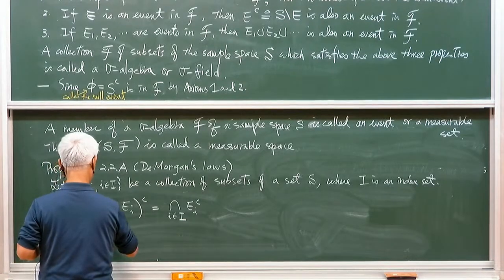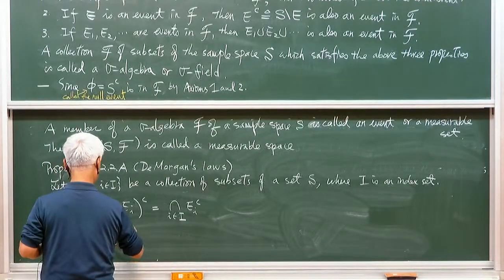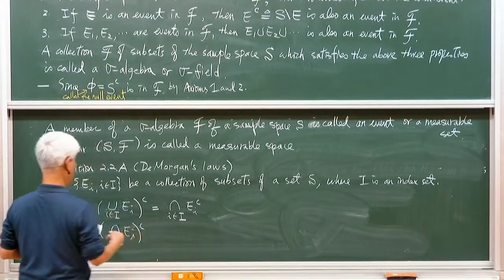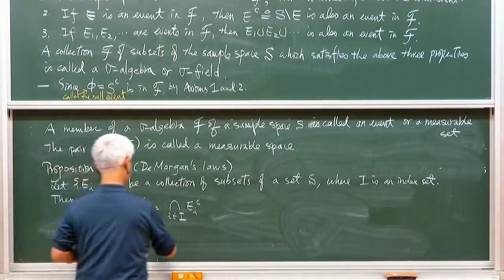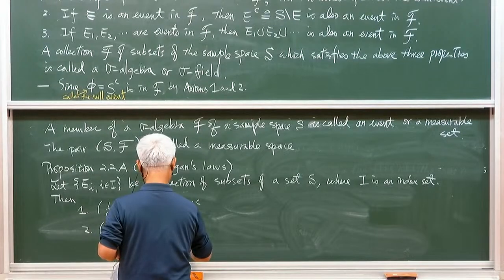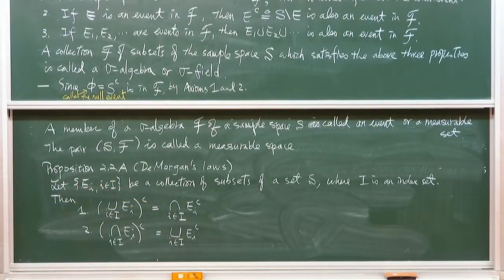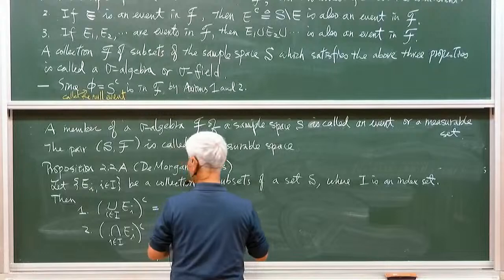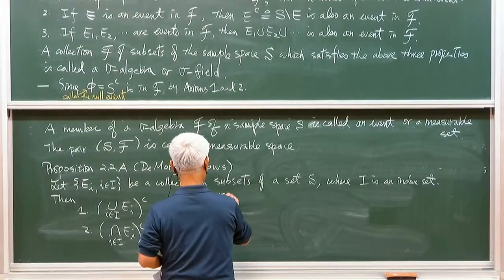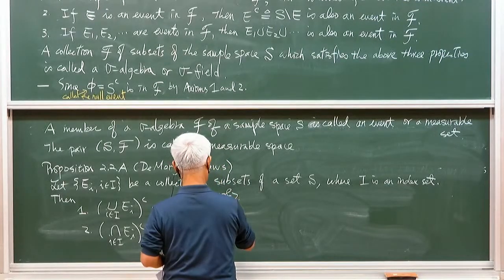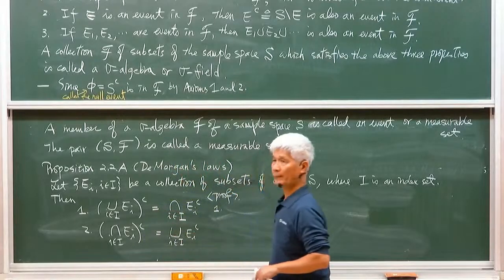Second, the complement of the intersection of all E_i is equal to the union of all the complements of E_i. So these two identities are called De Morgan's law. So let's see the proof here. The first one.